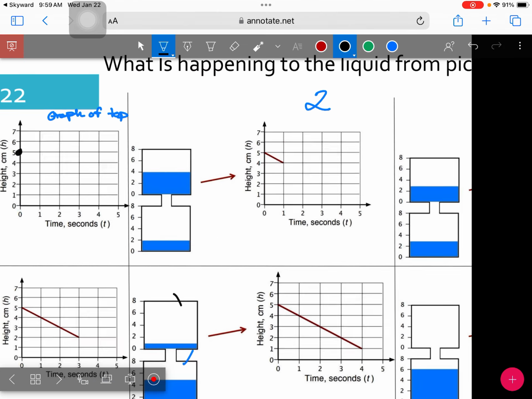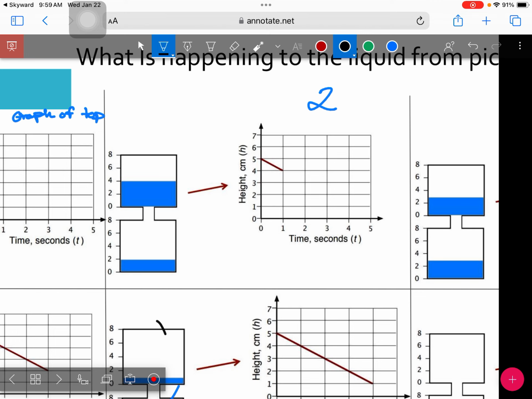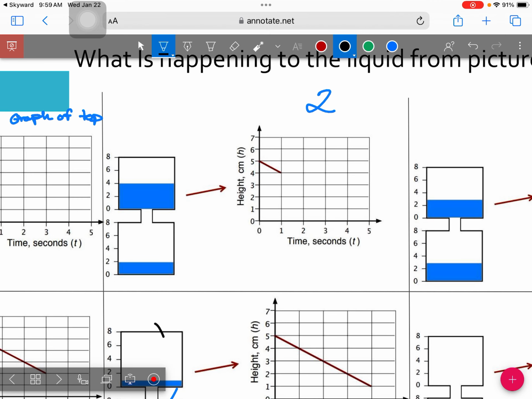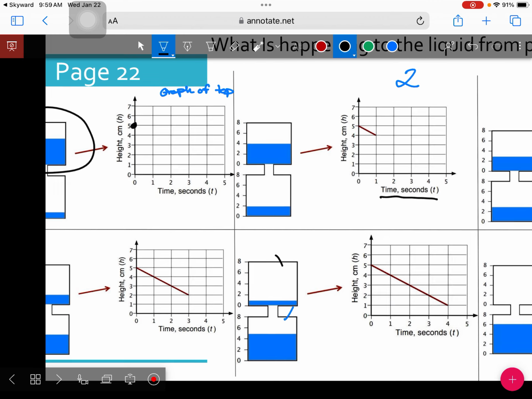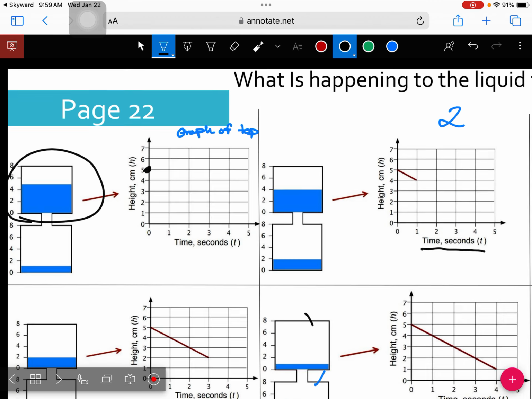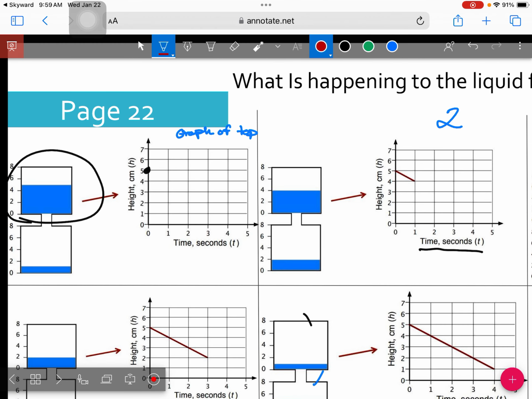Then we look at the second picture. Okay? It goes from 5 to 4. So in 1 second, we have decreased 1 centimeter. What I also want you to know, which I didn't say here, but I did say yesterday, we had 5 centimeters of liquid here.